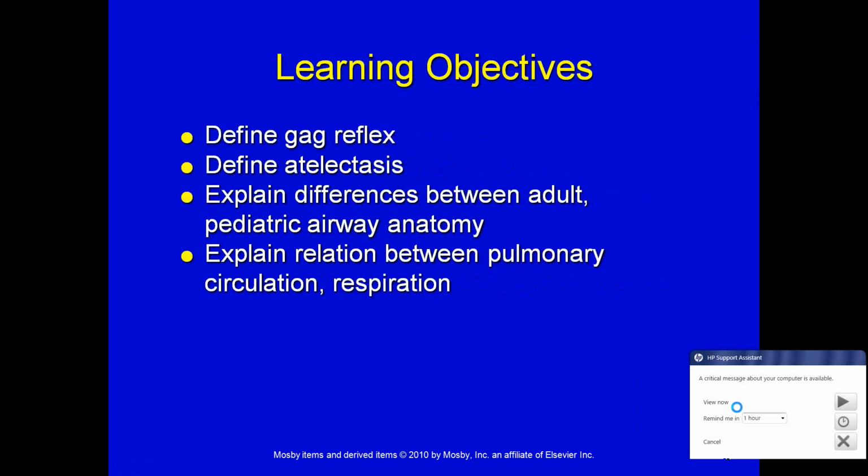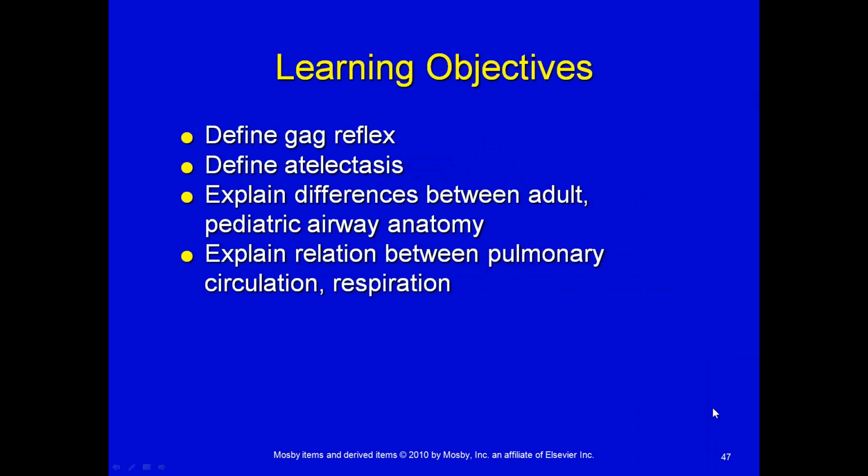Respiratory distress occurs as a result of inadequate ventilation as well. When you have inadequate ventilation, of course, your oxygen levels are going to drop. Your CO2 levels may be affected. Those signals are going to be sent to your brain.